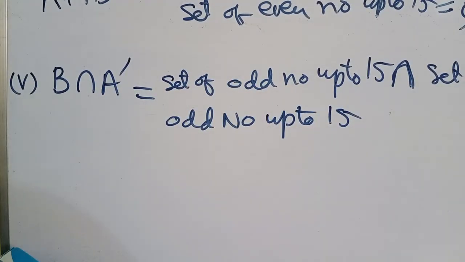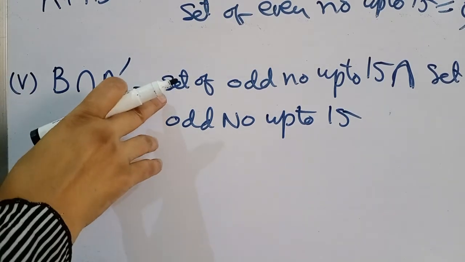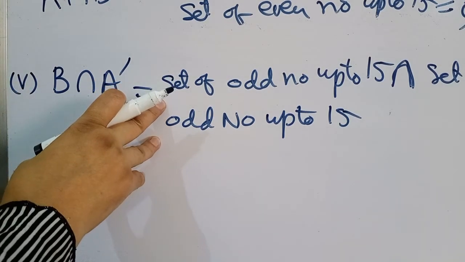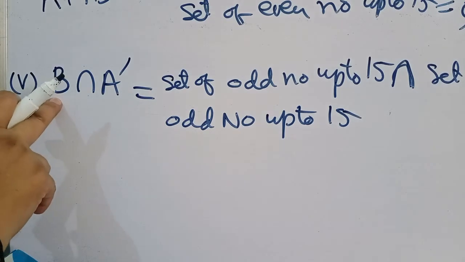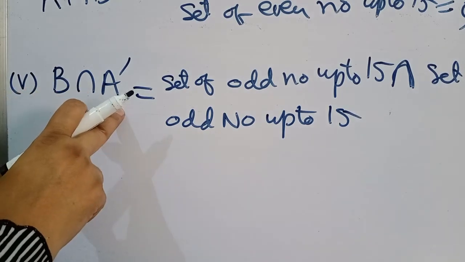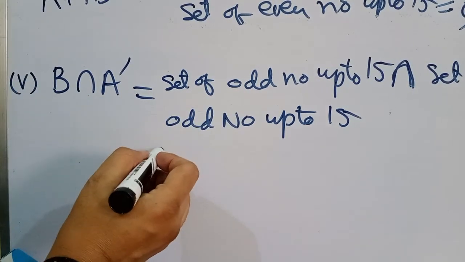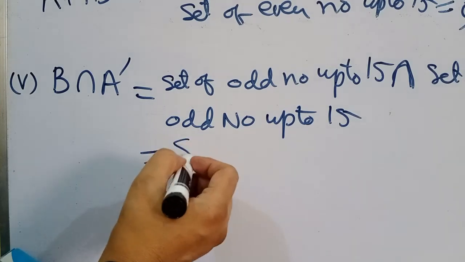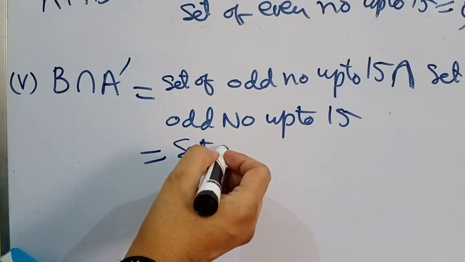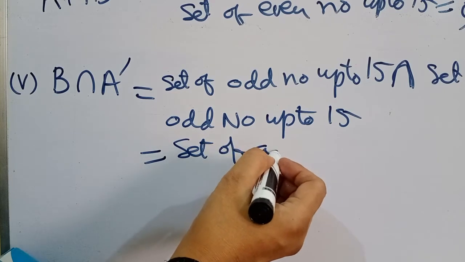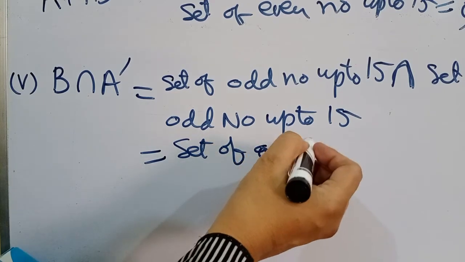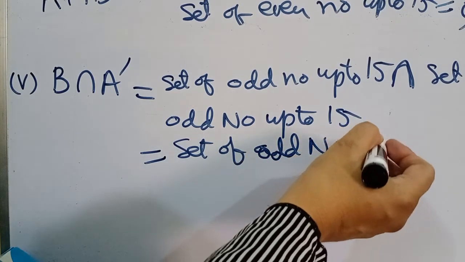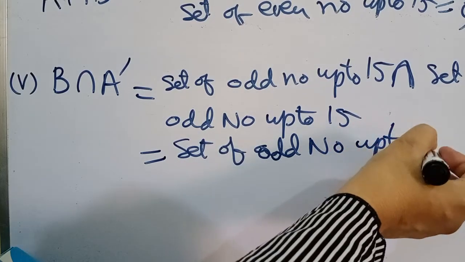In this case, we observe that these both are the same sets. The elements of set B and set A complement are the same. So the resultant set is set of odd numbers up to 15.